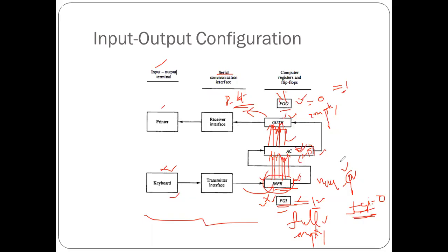After reading a key code or placing a character onto the output device, the CPU clears the input flag and output flag respectively. They are both cleared by the CPU as and when it completes the input or output operation.